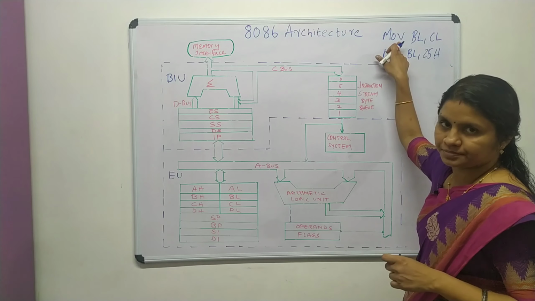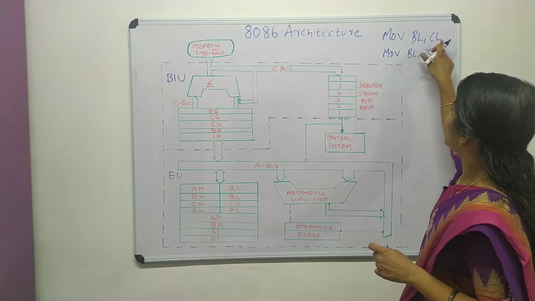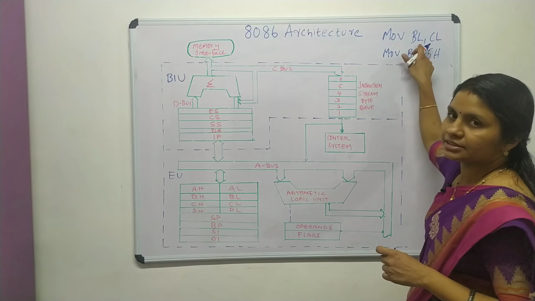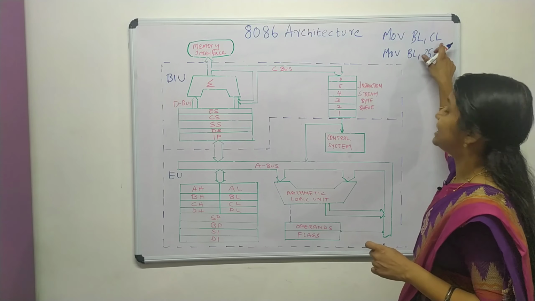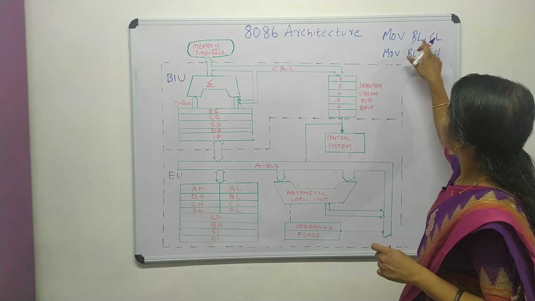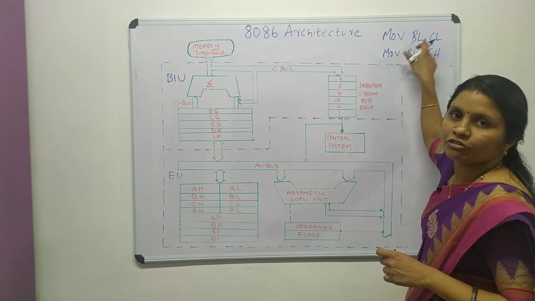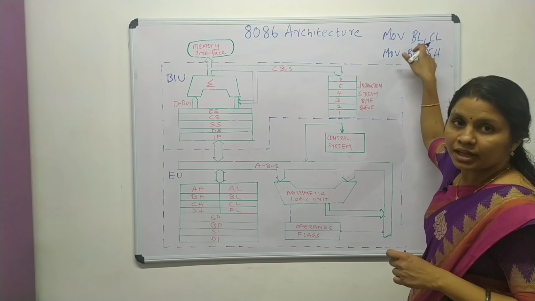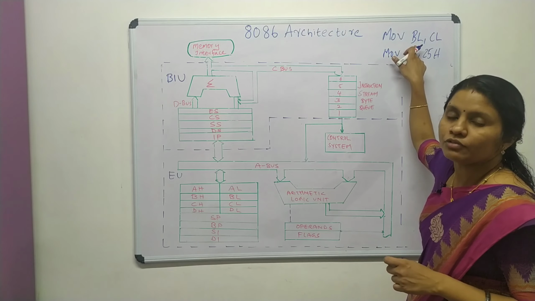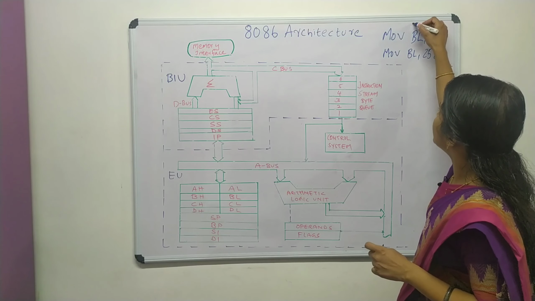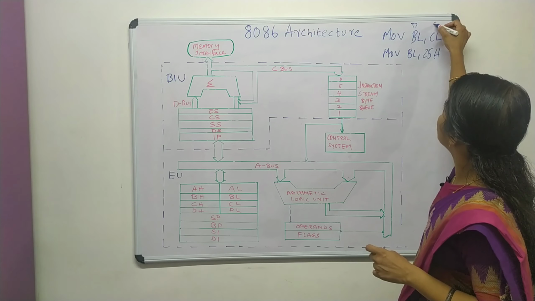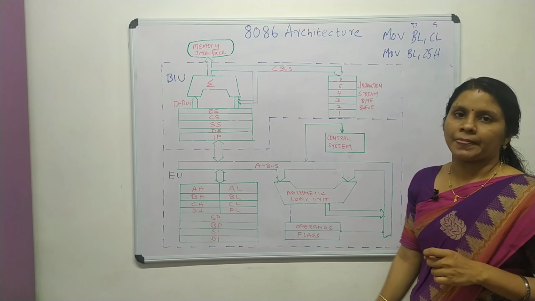MOV is an instruction, right? Here BL indicates the destination and CL indicates the source. So BL will be getting the value of CL. That is, BL is the destination and CL is the source.